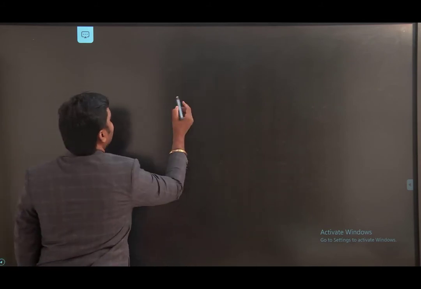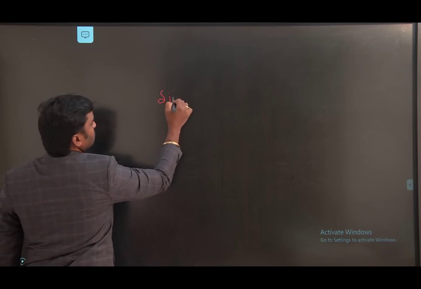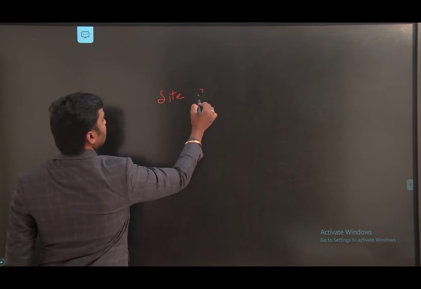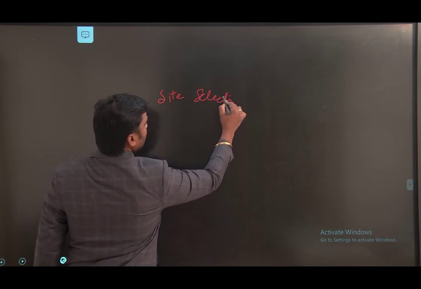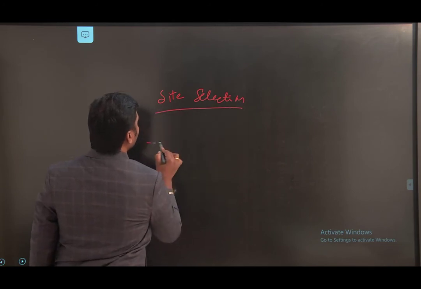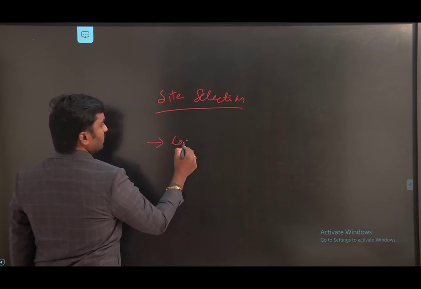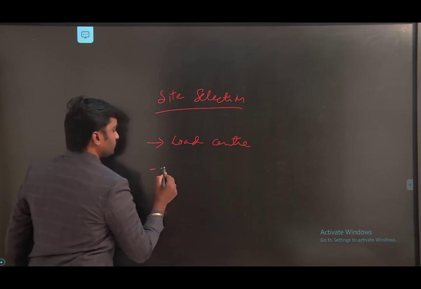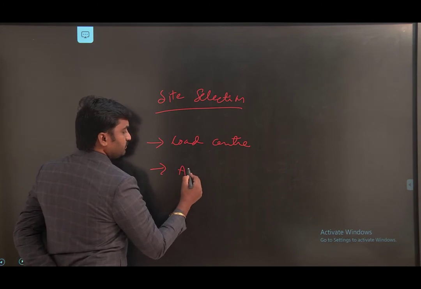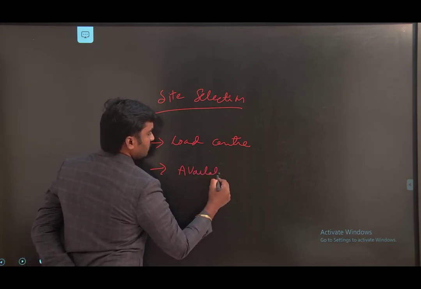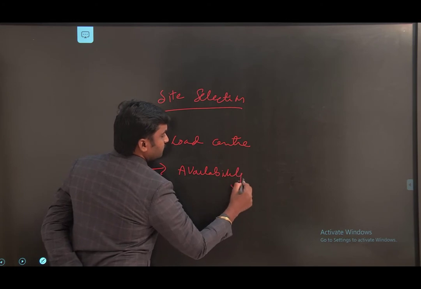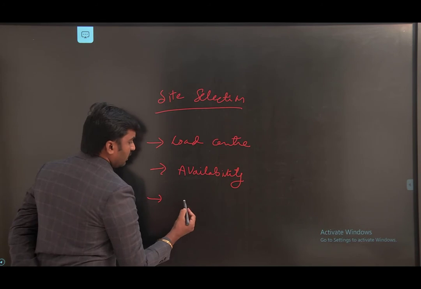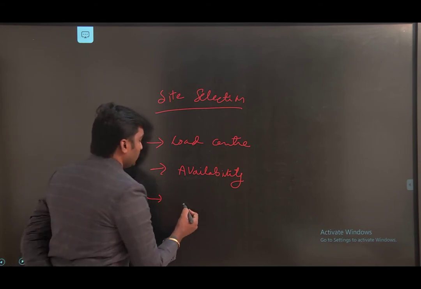We are also discussing the site selection. For every power station, a very important thing is the site selection. In the site selection case, the major thing is nearness to the load center. That is the common point for all the cases. And availability of water, and land that has the capacity to hold it.